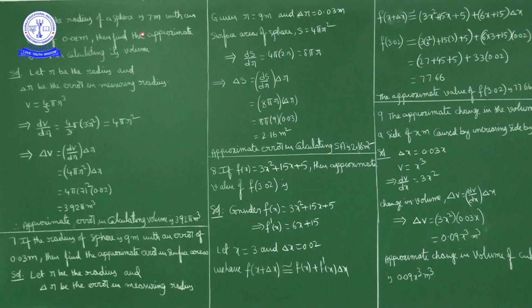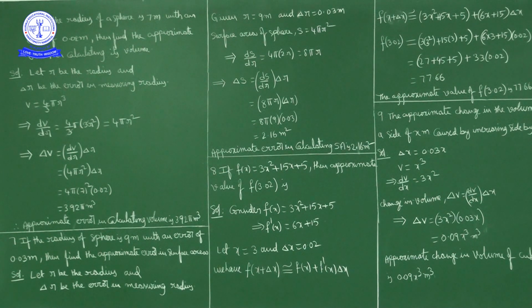The radius of the sphere is given as 7 meters with an error of 0.02 meters. So if we consider the radius as r, r equals 7 meters, and the error in calculating the radius, delta r, is given as 0.02 meters. Then we have to find the approximate error in calculating its volume, delta v.